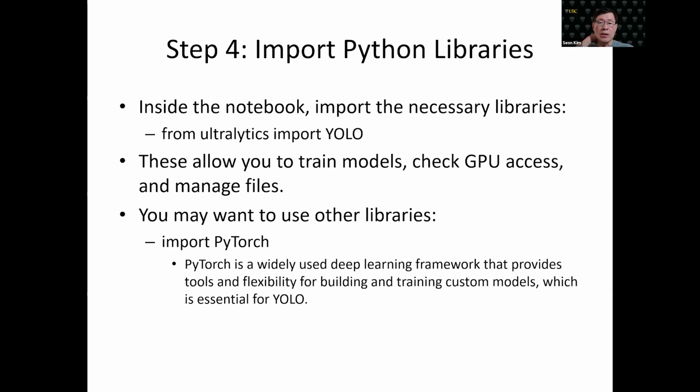And then, to use YOLO, we need to import something called PyTorch, and this is a very popular deep learning framework. This one is providing lots of tools for machine learning. All right, and this is essential for executing the YOLO algorithms.